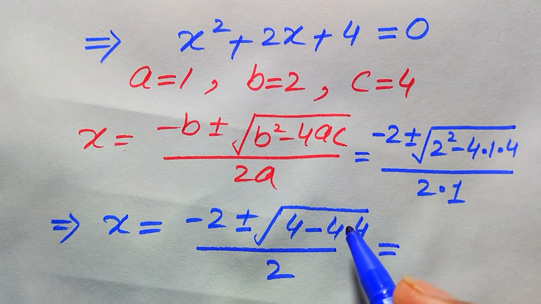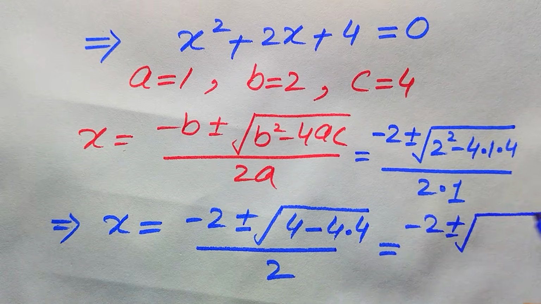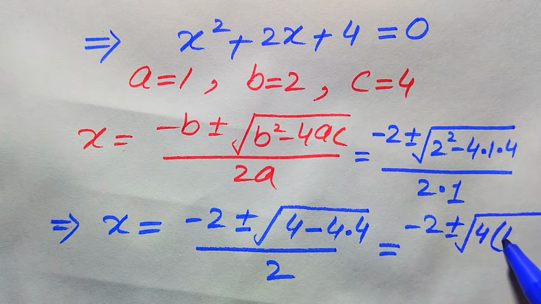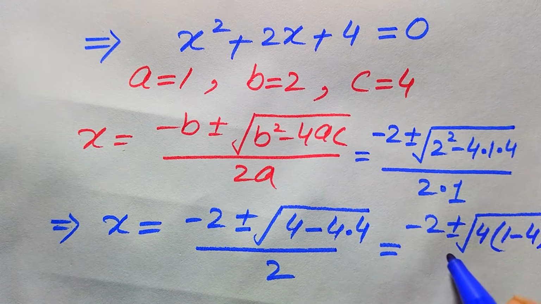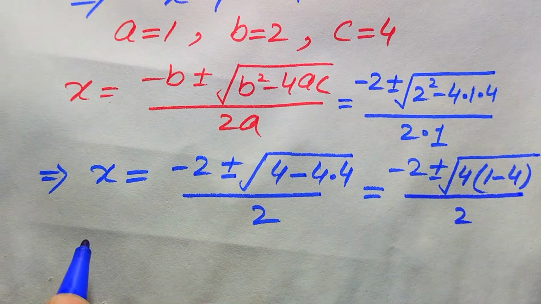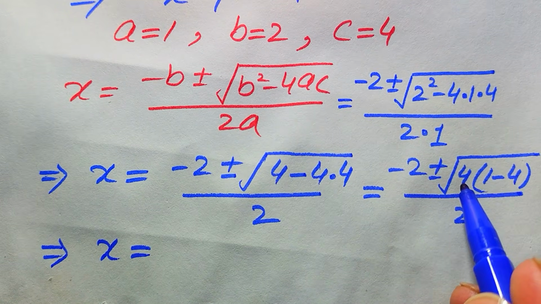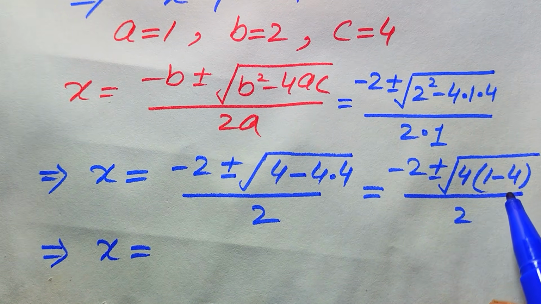And here you see that inside the square root sign we have 4 as a common term, so we take common 4 from here and the remaining values are 1 minus 4, and it is divided by 2. So further we apply the square root separately on 4 and 1 minus 4.